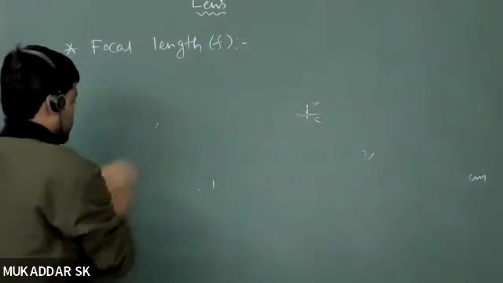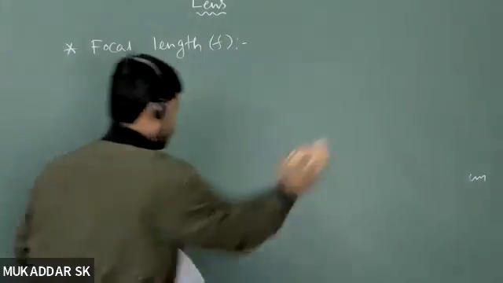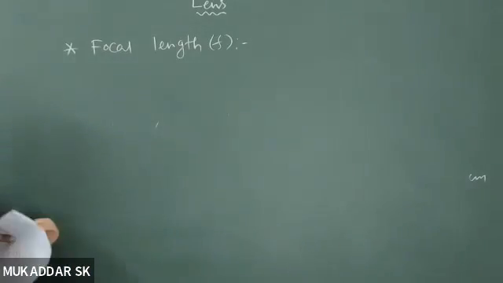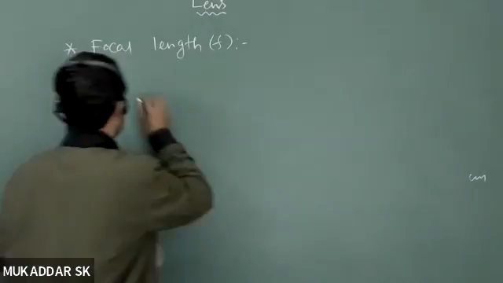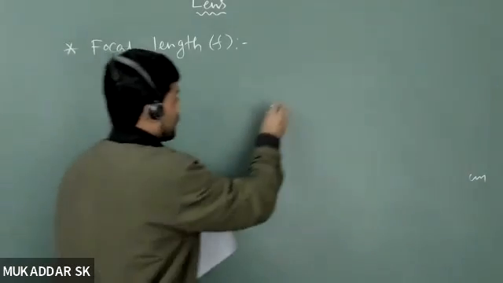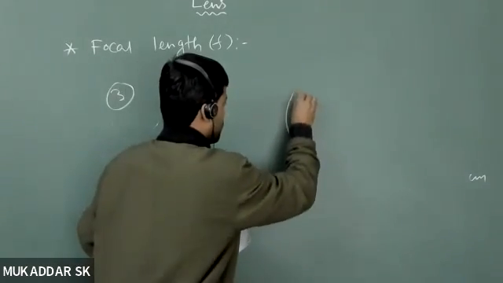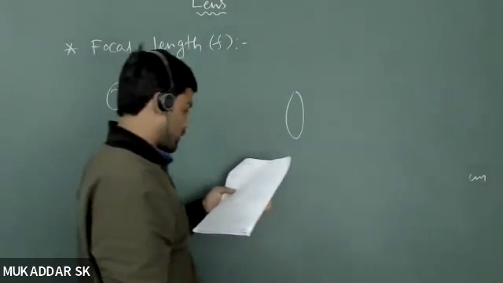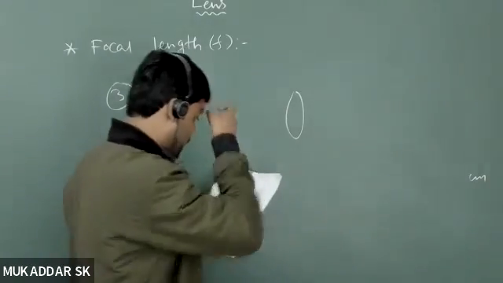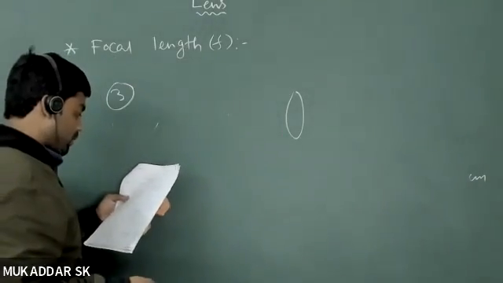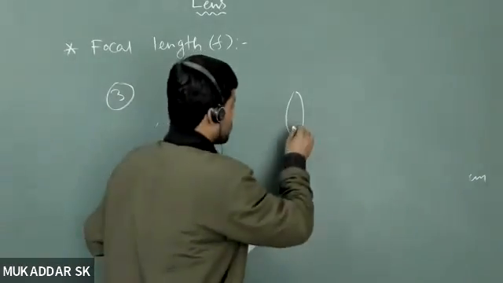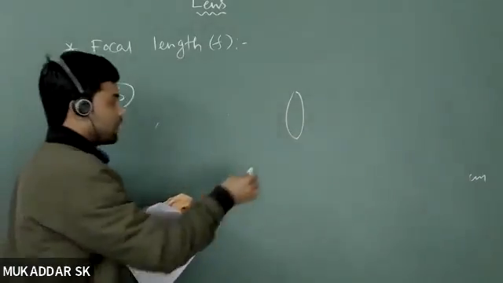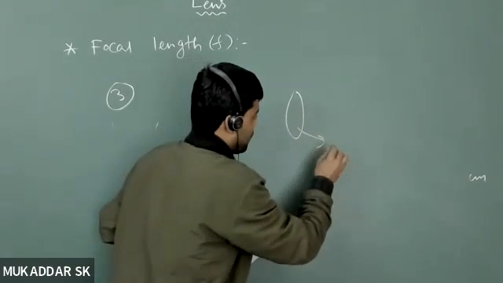Now problem number 3. Suppose you have a convex lens, and the radius of curvature of both surfaces is not given here, but they have given the refractive index of this lens.